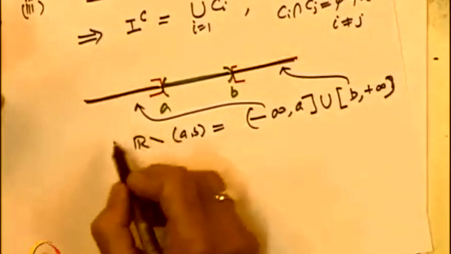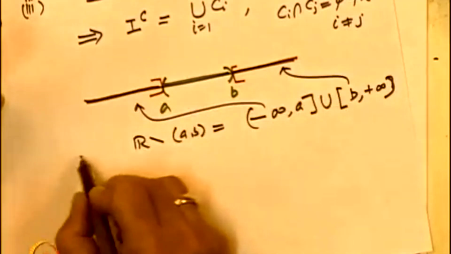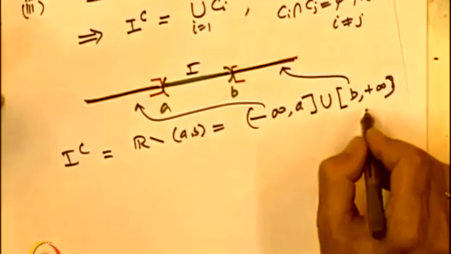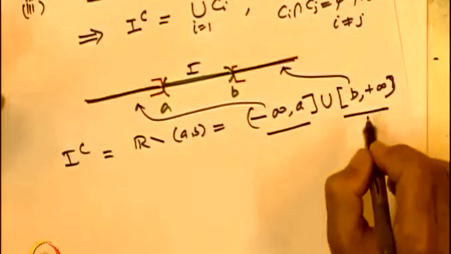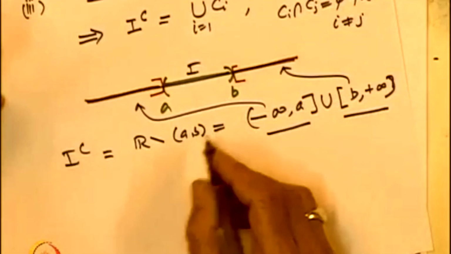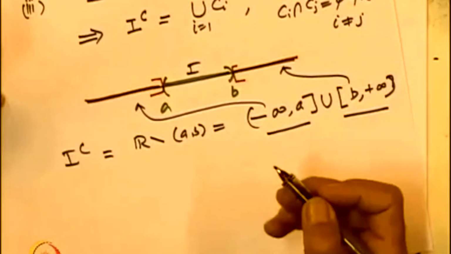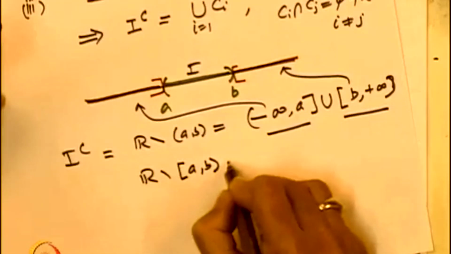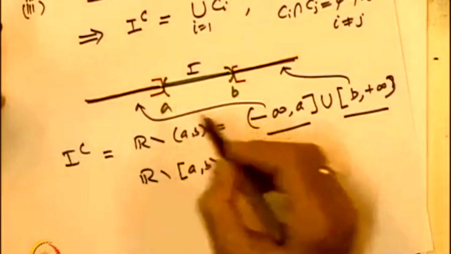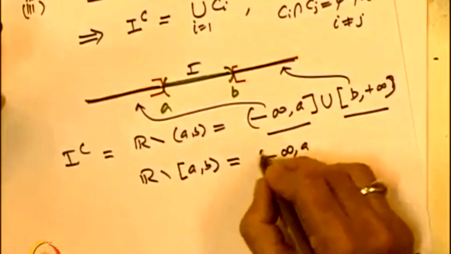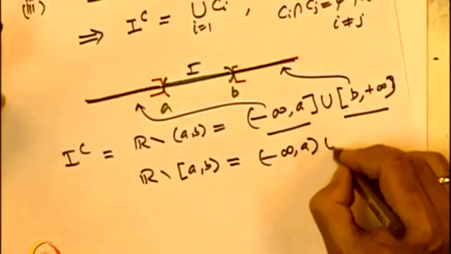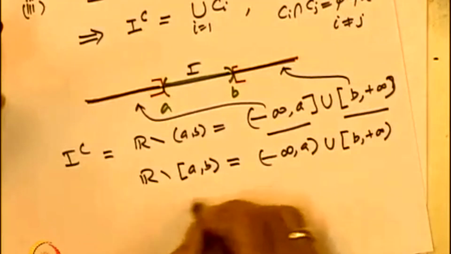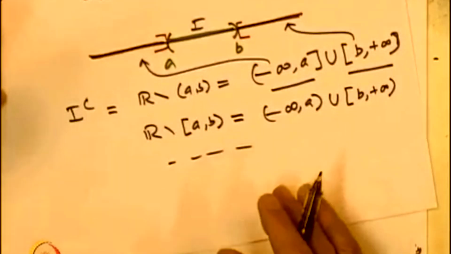So if I take an interval I, where I is the interval (a, b), then its complement is a disjoint union of two elements. Similar cases will follow if, for example, a is left open or right closed. If it is of this type, if this point a is enclosed, then minus infinity to a, the complement will be open here, and union b to plus infinity. And similarly the other cases. So I will suggest that you write down yourself.